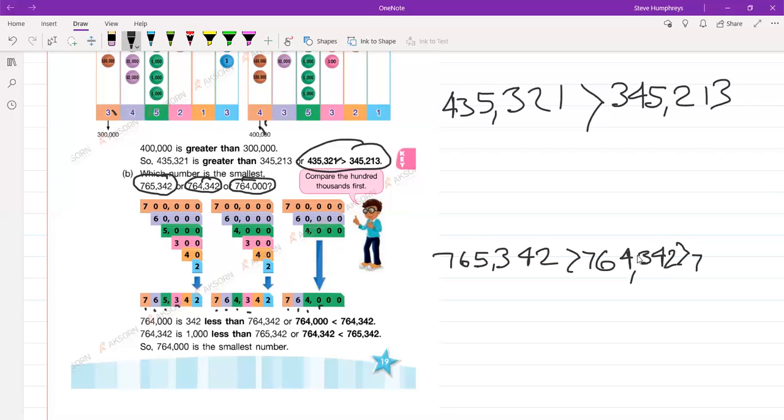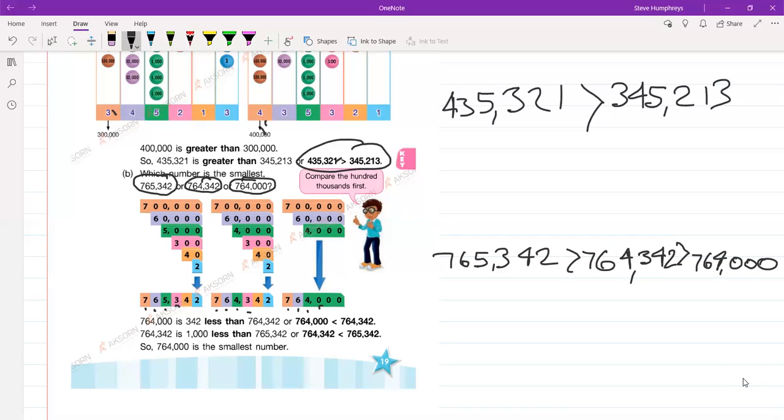And this is 764,000. No hundreds, no tens, and no ones.